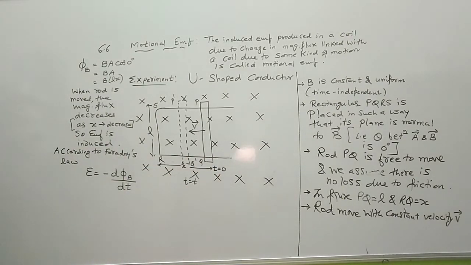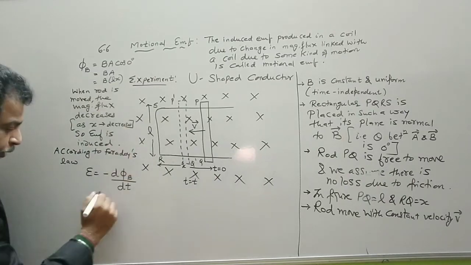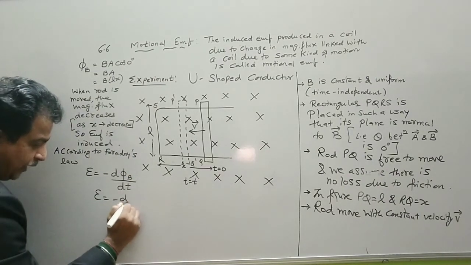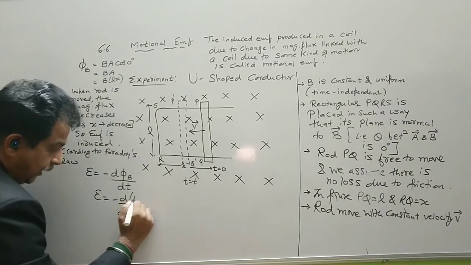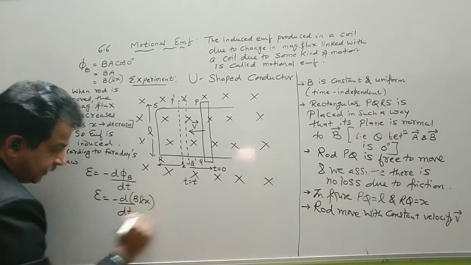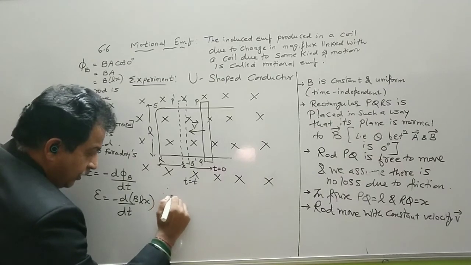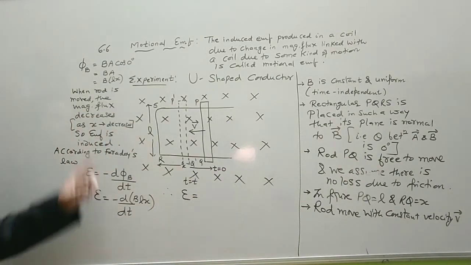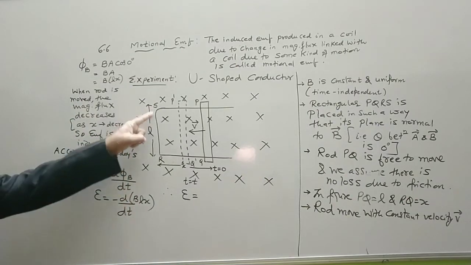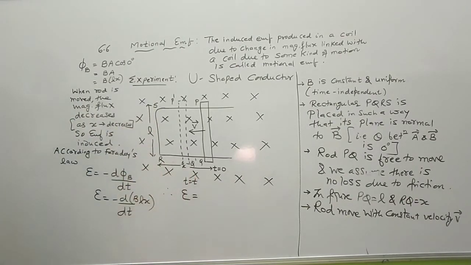But the x is changing. So first I substitute this value here: E is equal to minus d by dt, and in place of flux I write BLx. Therefore E is equal to, now B is constant, L is not changing, what is changing is x.